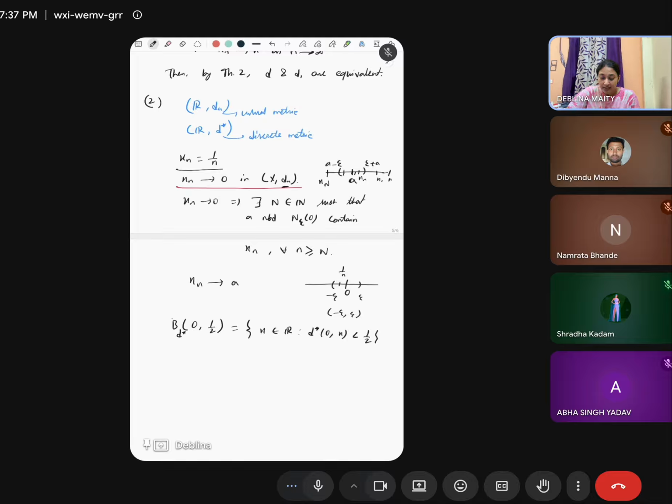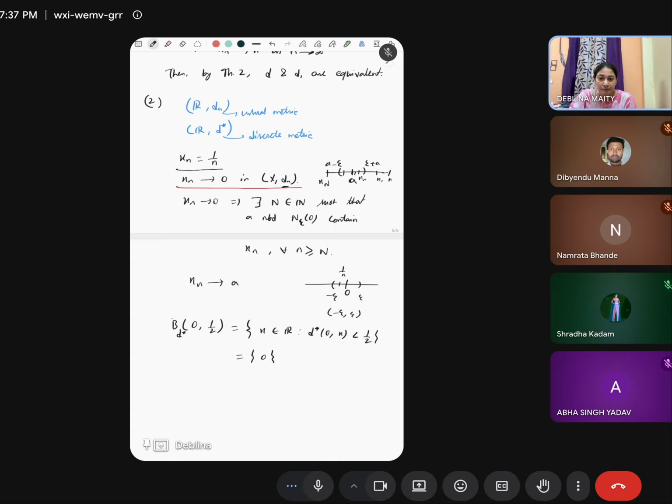Since this is a discrete metric, the distance is either 0 or 1. If x is not 0, it is 1, and if x is 0, then it is 0, less than half. So it is only the singleton set {0}.